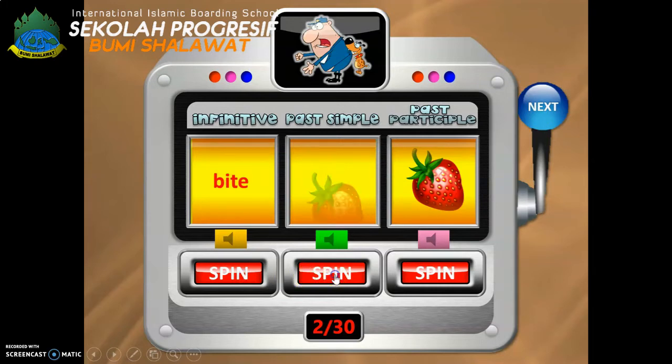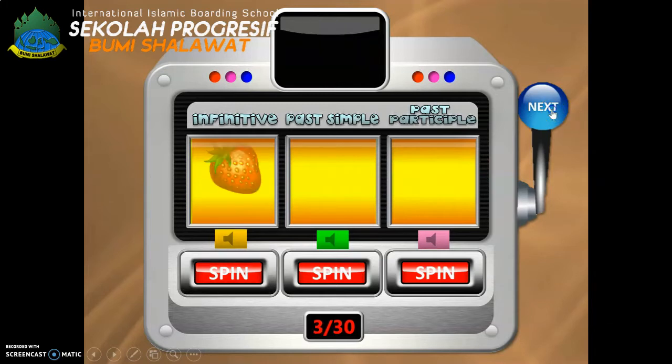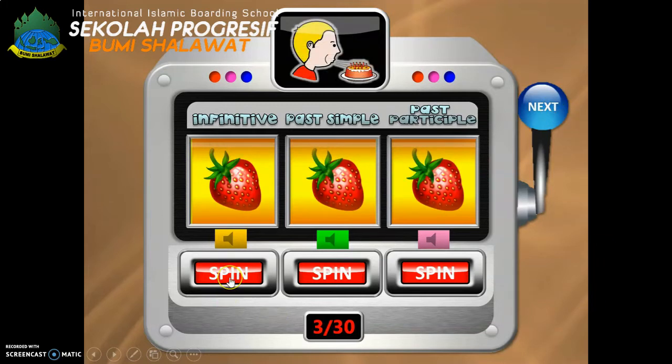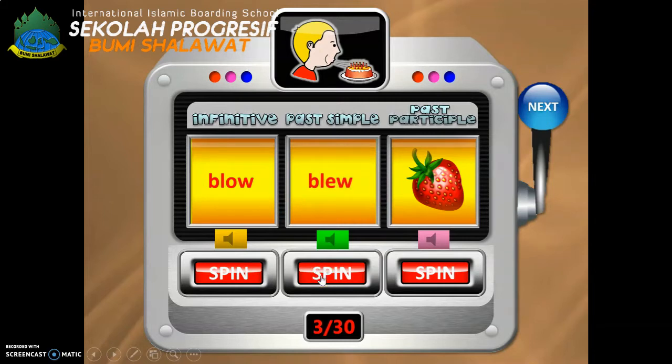Bite, bit, bitten. For verb 1 is blow. For verb 2 is blew. For verb 3 is blown.